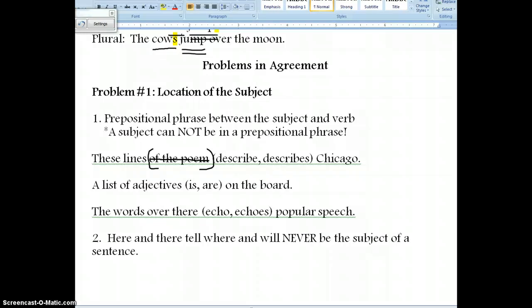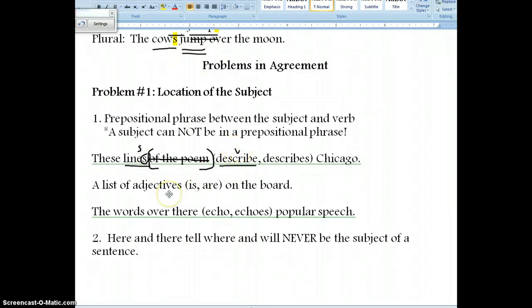Now, tell me what the subject of the sentence is. You should immediately see "lines" as the subject because in normal sentence order, the subject comes first. So this is the subject of your sentence, and "lines" is plural. It already has an S. Oh, hey, look at that. Has an S, so I probably don't need one on my verb. Lines describe. There you go.